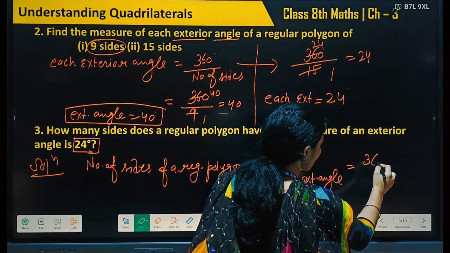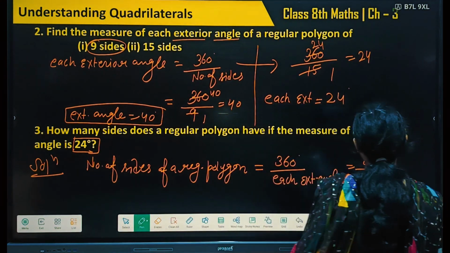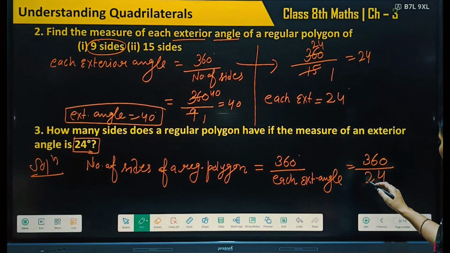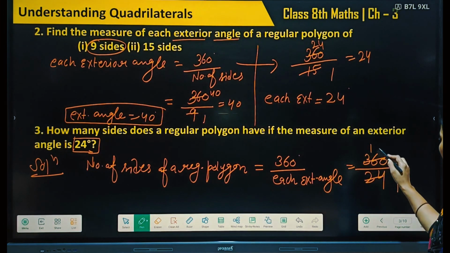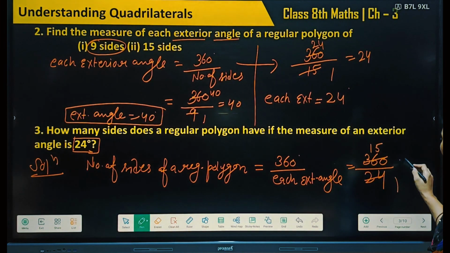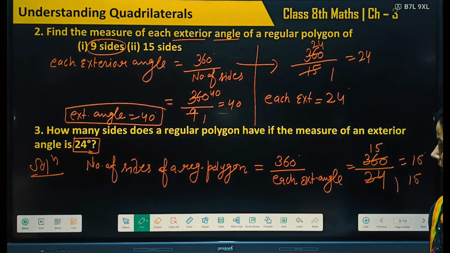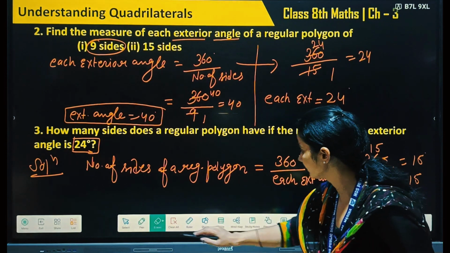It is 360 degree and each exterior angle is given to us 24. Now 24 1 is 24 and 24 5 is 120. Answer is 15. Number of sides is 15.